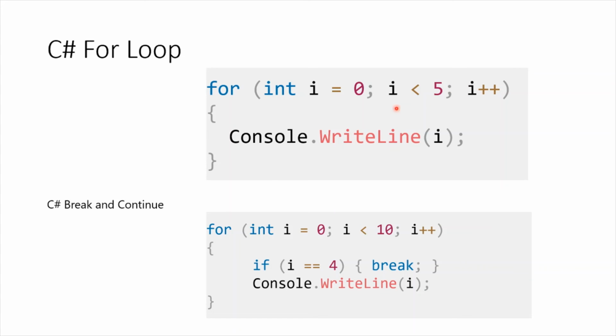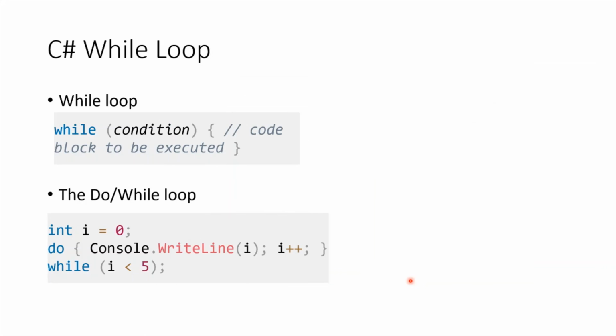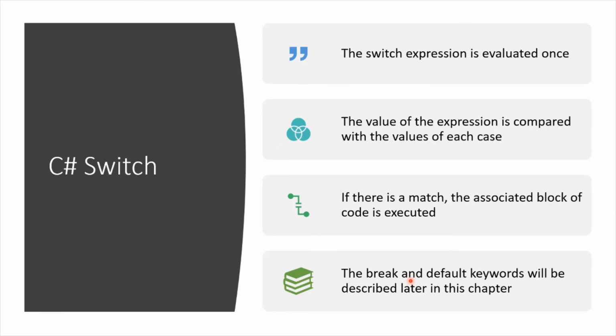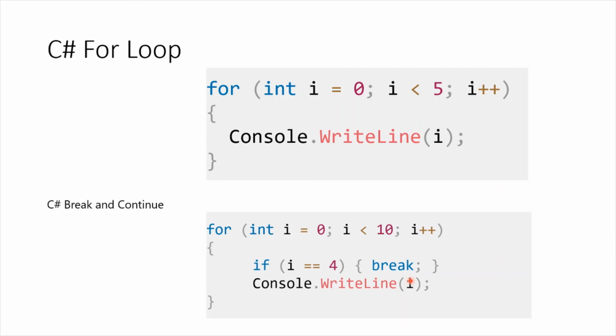But let's say in this case, I want to go out of the loop when the value of i is 4, so what you can use is break. You put break anywhere in the execution in C# in general, and you go out of that block. So when we put break in switch statement, we could go out of the switch statement. Same way we put break here, we can go out of the for loop.